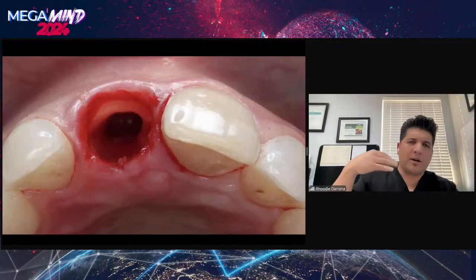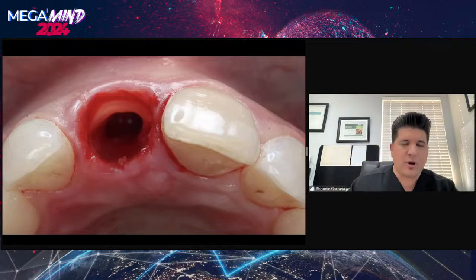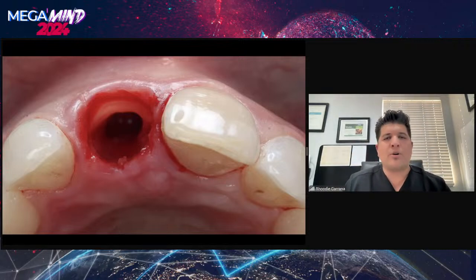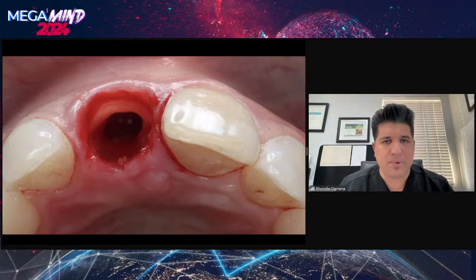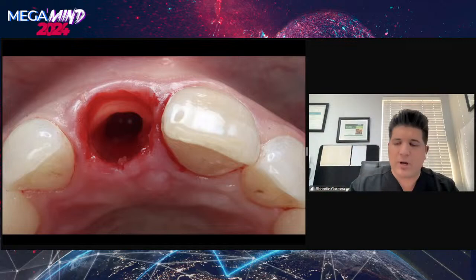We then go through the protocol, reducing the root and thinning out the root and giving it some curvature to make space for the implant. We want to create as much space as possible between the implant and the shield.